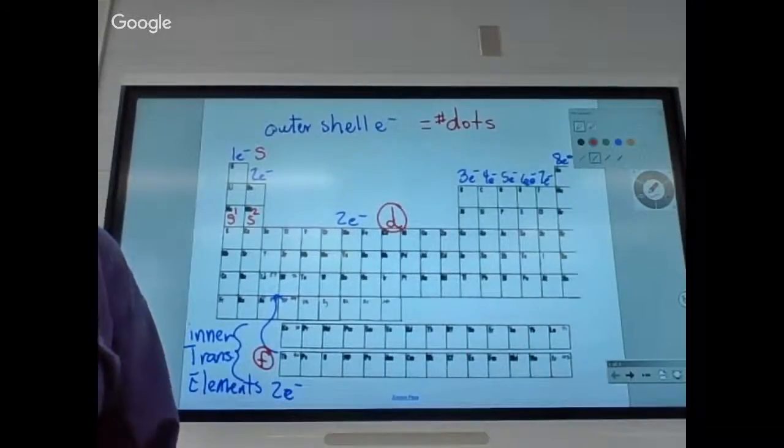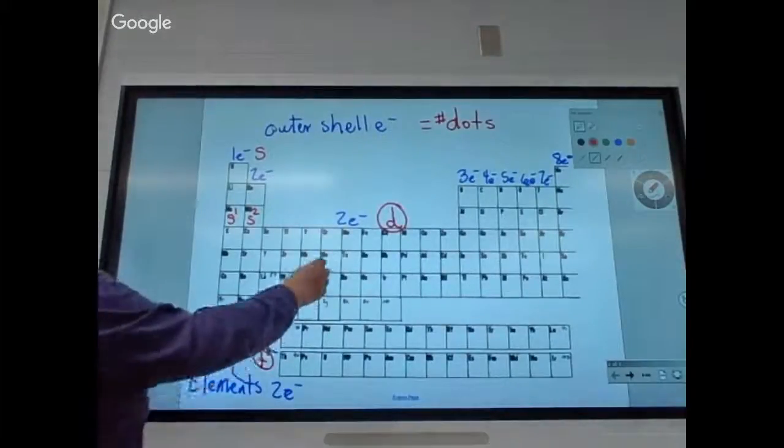No. How many can F hold? Can it ever be the outer shell? What happens if you get an S and a P together? It gets 8. So the most you could ever have in an outer shell is 8, and that's when you add S and P. So D will never be the outer shell.